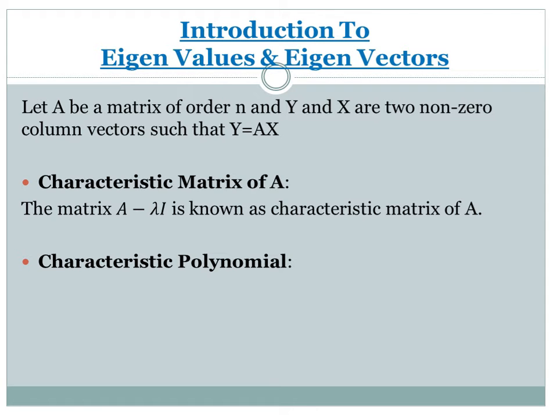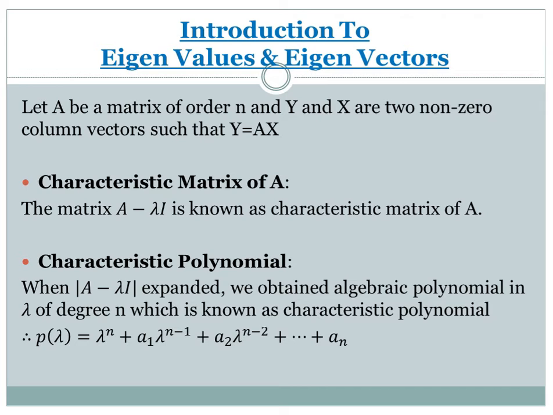The next point is the characteristic polynomial. When we expand the determinant of A minus lambda I, we get an algebraic polynomial in lambda of degree n, which is known as the characteristic polynomial.